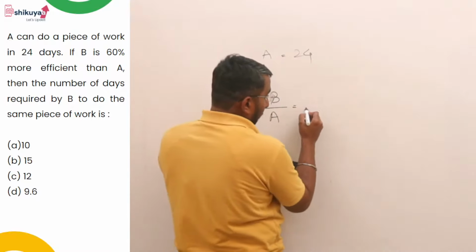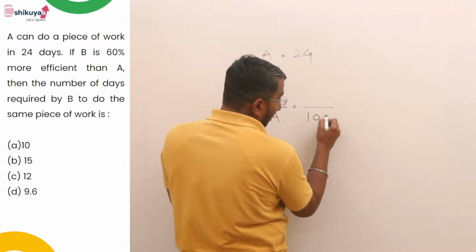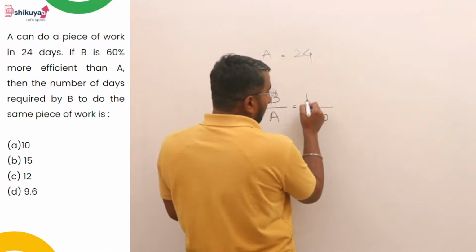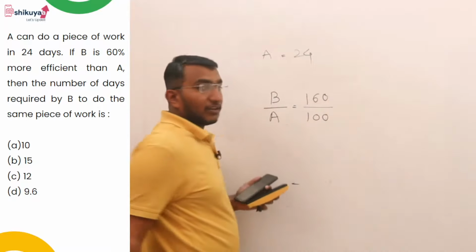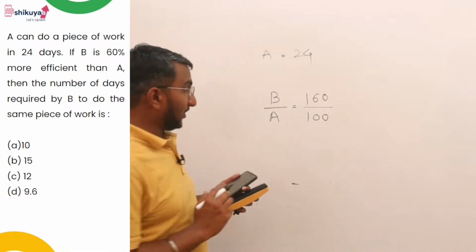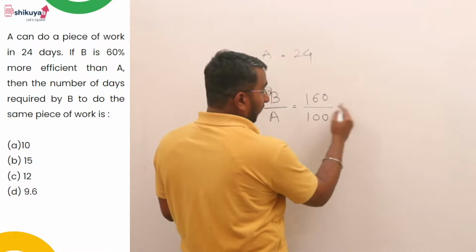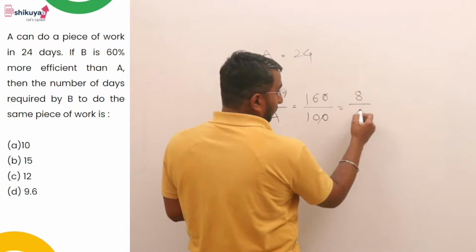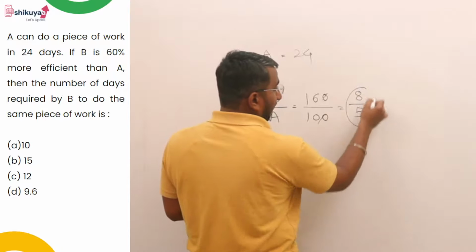So suppose A completes 100 units of work in a unit time, then in the same time B completes 160 units of work. That is the ratio of their efficiency. If I solve it further, it is nothing but 8 is to 5.